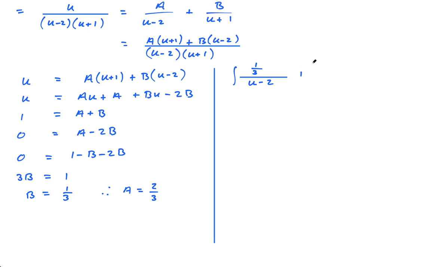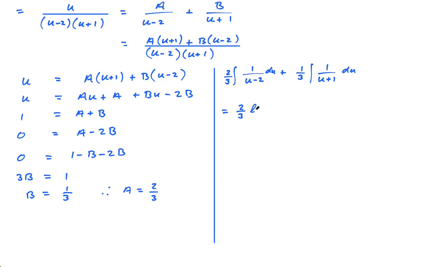Hang on, sorry, a was 2/3. So it's 2/3, and by the way, guys, I can take out the 2/3. So I'll take out the 2/3, integral of 1 over u minus 2, plus 1/3 the integral. Yes, it's the integral of the whole thing, but the integral of the whole thing is the integral of this plus the integral of this. So it's 1/3 times 1 over u plus 1, that's du, and that's du. So this is equal to 2/3 the integral of this.